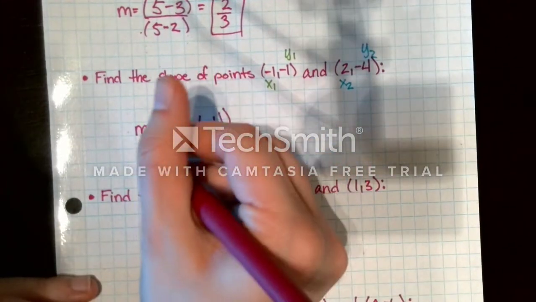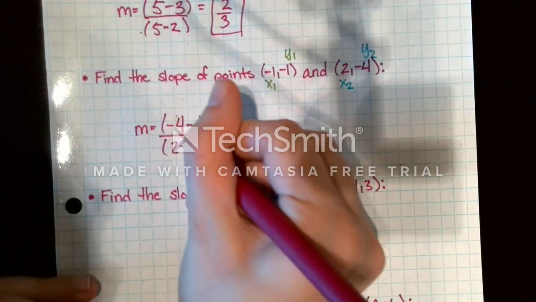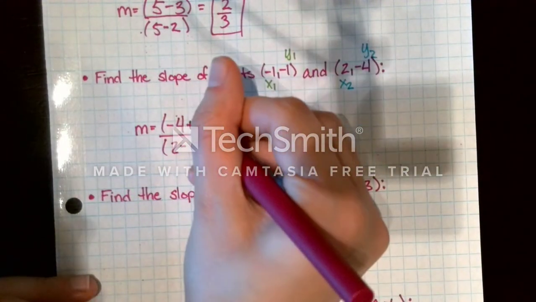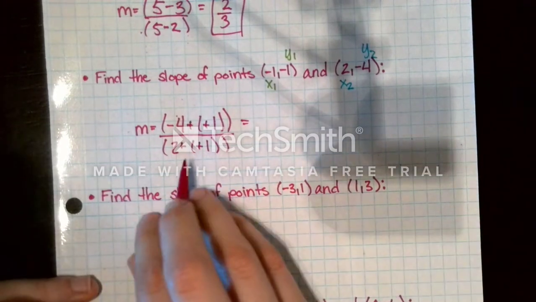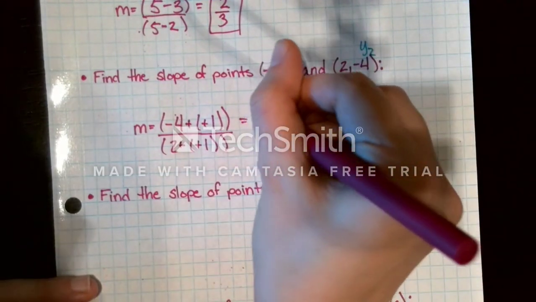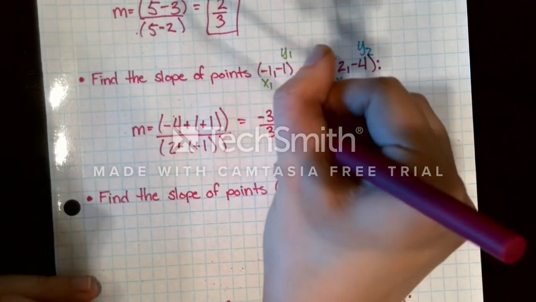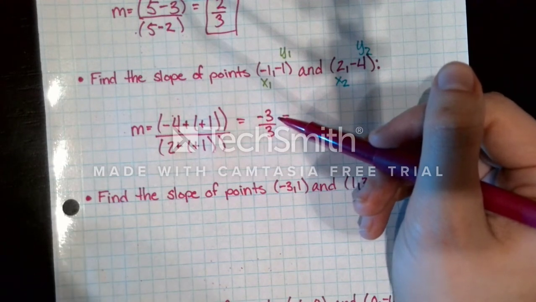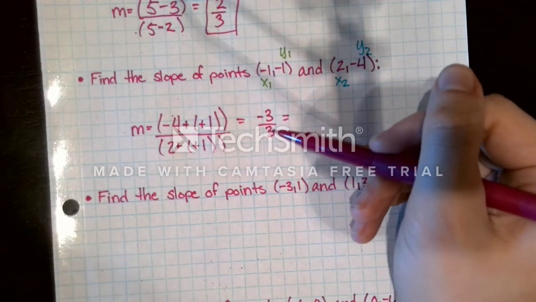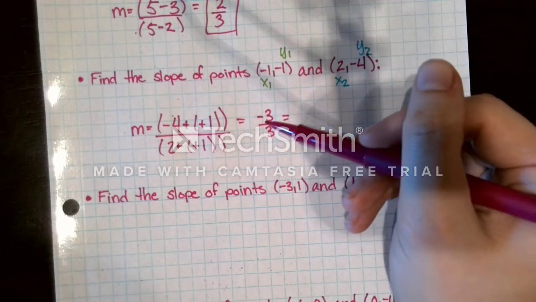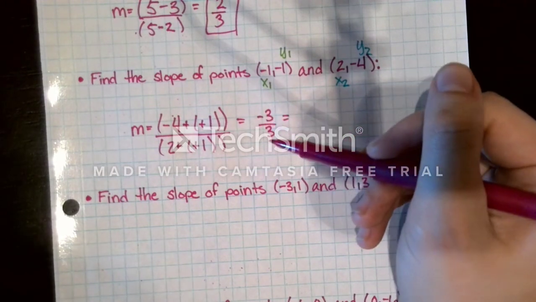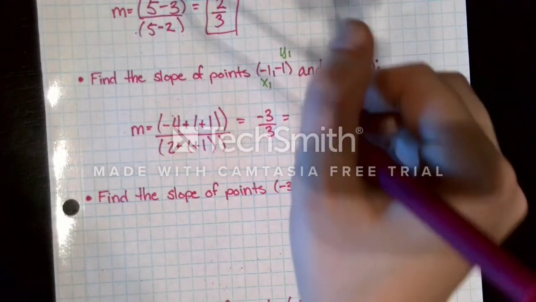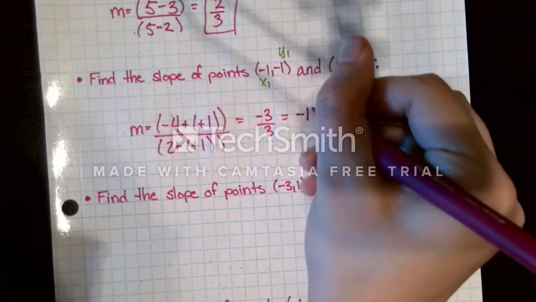And now we have to do x2 minus x1. Your slope for here, once you change all signs to positive where they need to be, is -3 over 3. Now, even though your numerator, or the top part of your fraction, is negative, you could still simplify this to have a negative slope. Because again, despite this negative, 3 divided by 3 is still 1. The only difference is that you have a -3 divided by 3. So rewrite your slope as -1.